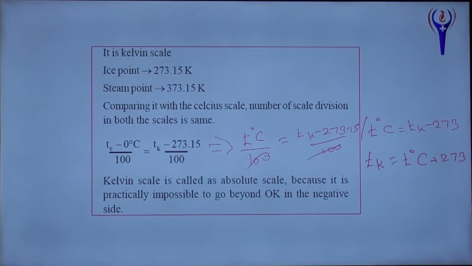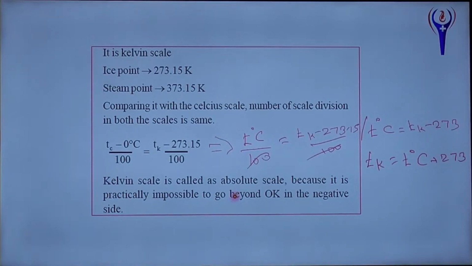And Kelvin scale is called absolute scale and temperature is called absolute temperature. In many definitions we may study the absolute temperature or absolute scale. What does absolute temperature mean? Kelvin scale is the absolute temperature. And Kelvin scale is the absolute scale because it is practically impossible to go beyond 0 Kelvin or into negative Kelvin.